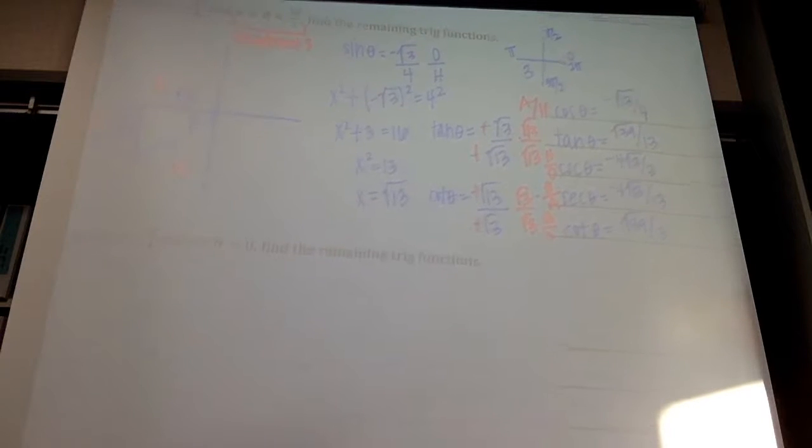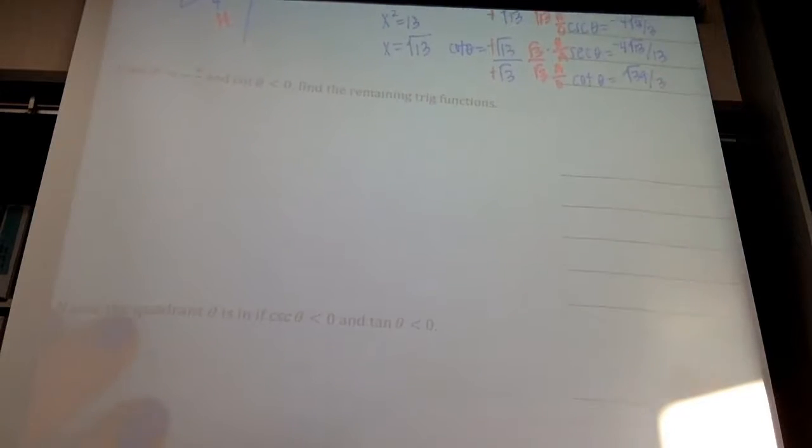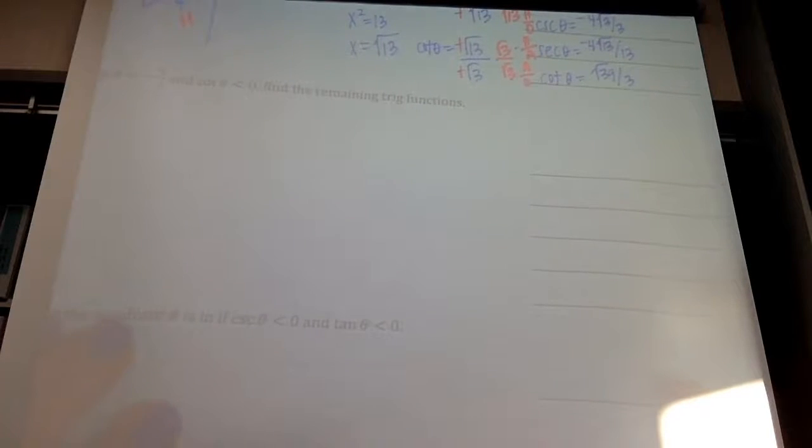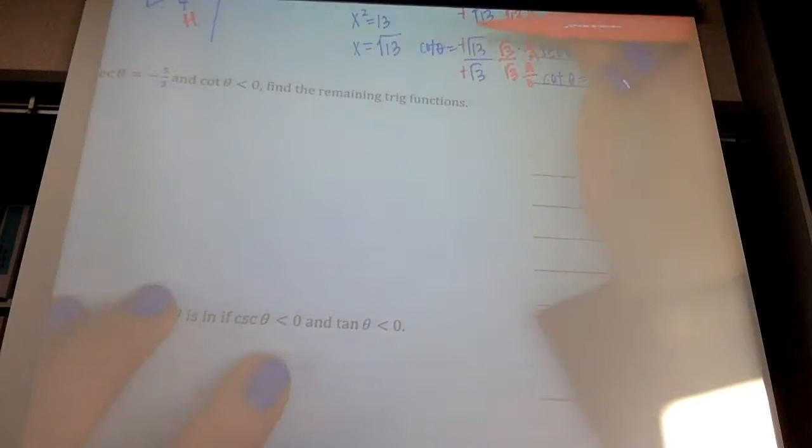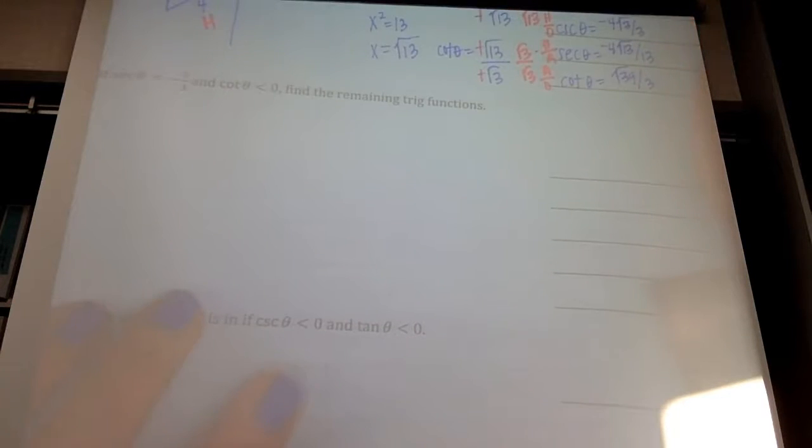Okay, so for number 4, it says if secant is equal to negative 5/3 and cotangent is less than 0, find the remaining trig functions. This is giving us some more information about the quadrant that it's in, and then we can use the information from secant to help us also.